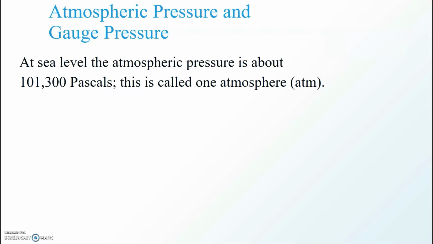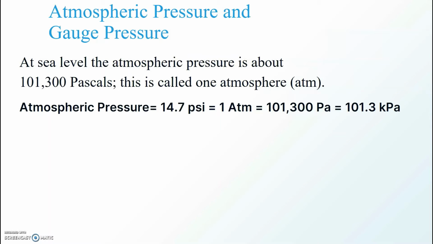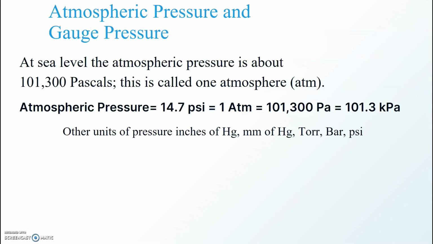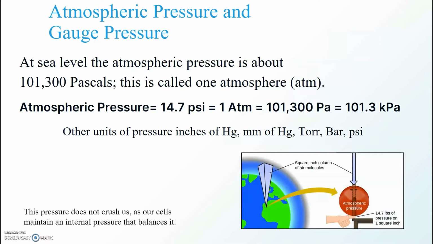Now, atmospheric pressure and gauge pressure. Atmospheric pressure is always 101,300 pascals. We call this an atmosphere of pressure. It also equals 14.7 psi, or these other values: inches of mercury, millimeters of mercury, torr, bar, psi. We're just going to deal with this.